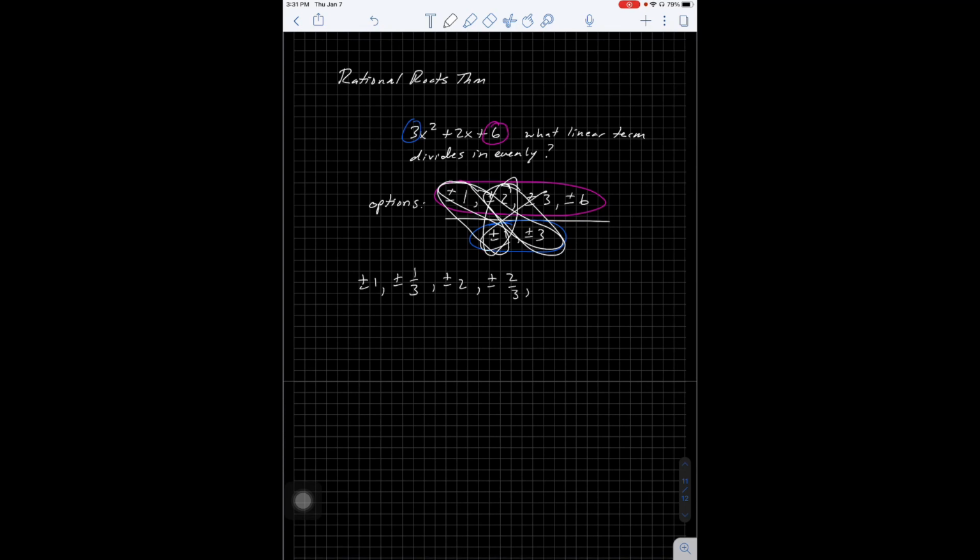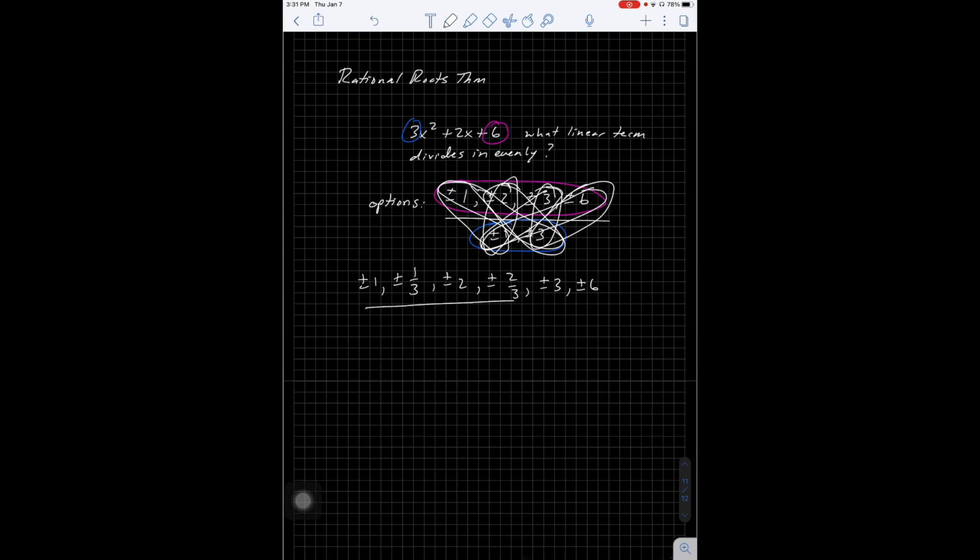Then I could take 3 over 1, and then 3 over 3. Now that reduces to 1, and we've already got 1, so that's a duplicate. Then I'm going to take 6 over 1, and 6 over 3, which reduces to 2, which we already have. So this is the list of possible roots.